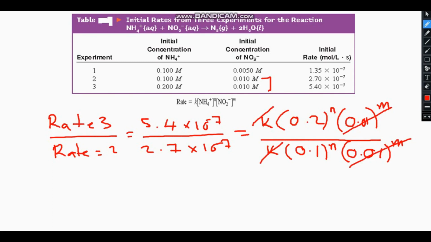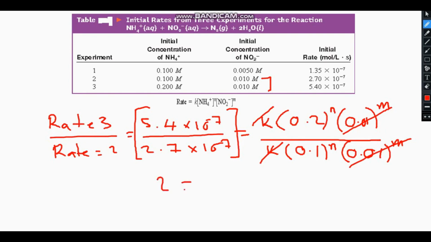So if you divide these, 5.4 times 10 to the power negative 7 divided by 2.7 times 10 to the power negative 7, we have 2.